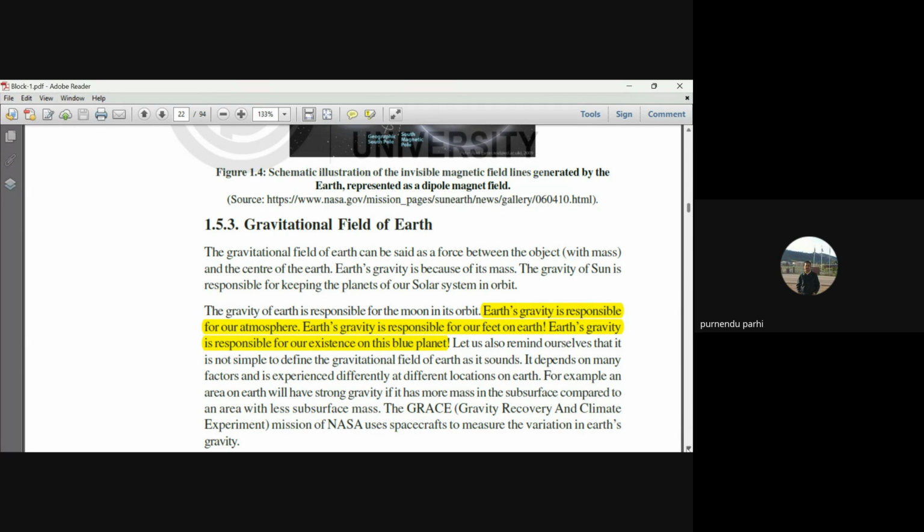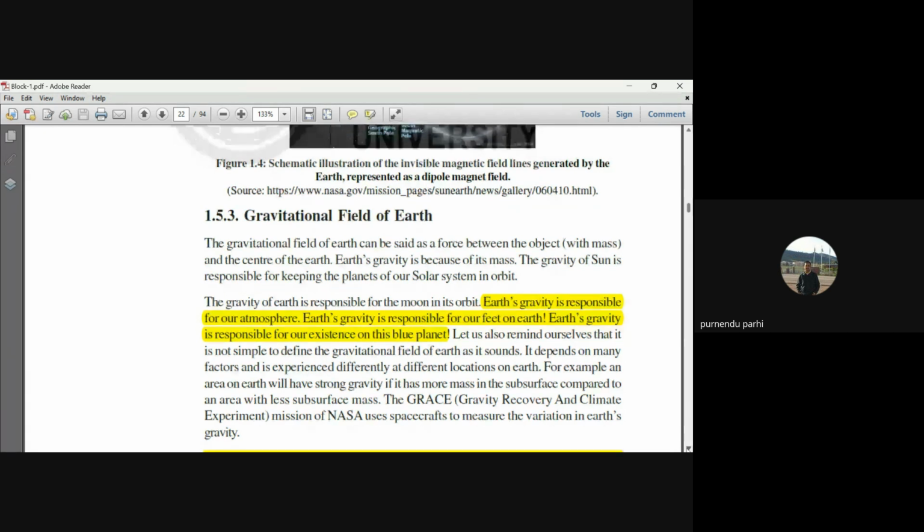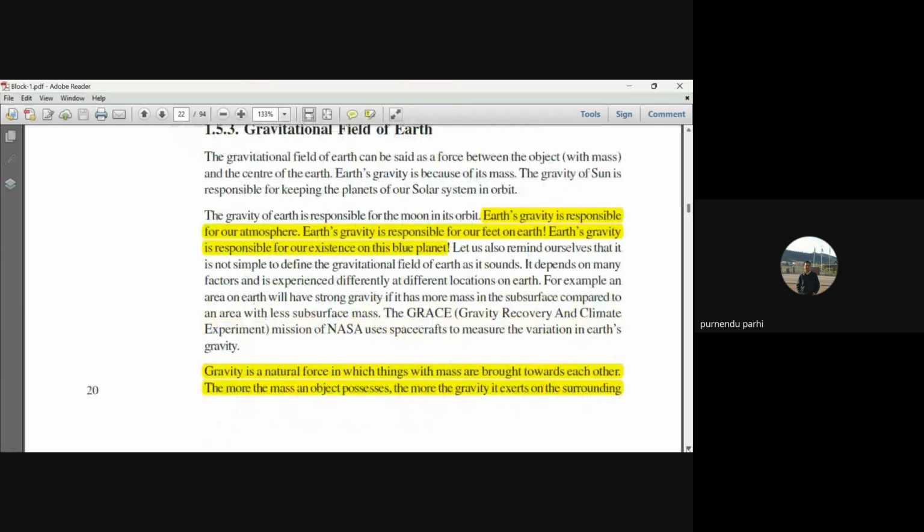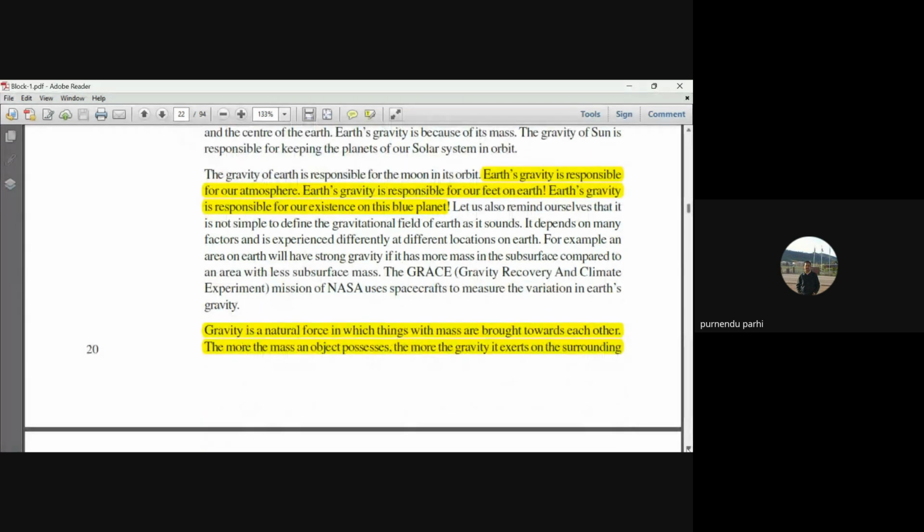For example, an area on Earth will have a strong gravity if it has more mass in the subsurface compared to an area with less subsurface mass. The GRACE, meaning Gravity Recovery and Climate Experiment mission of NASA, uses spacecraft to measure the variation in Earth's gravity.